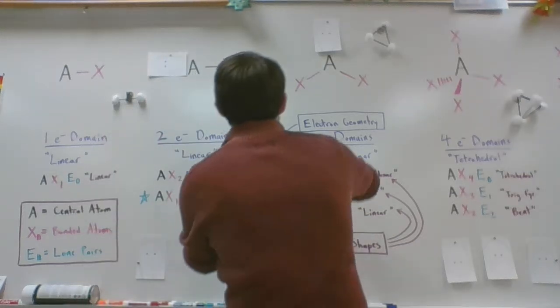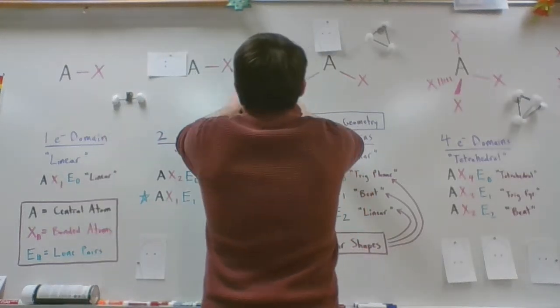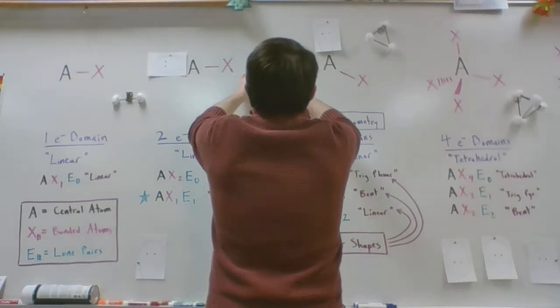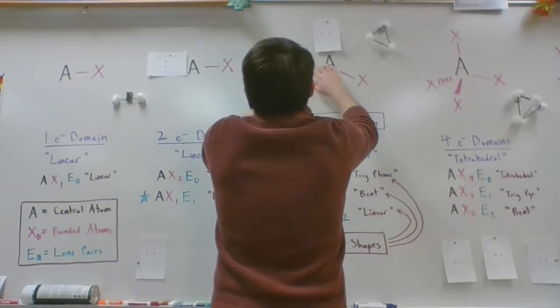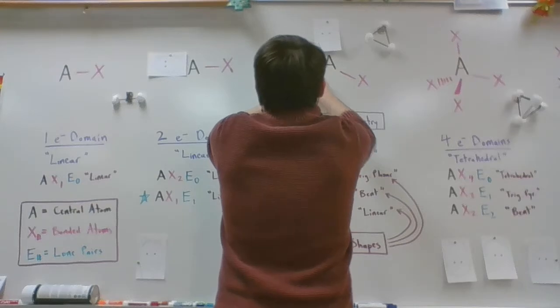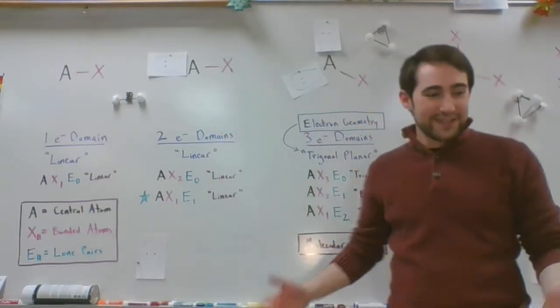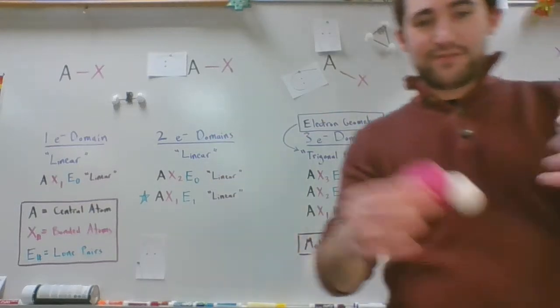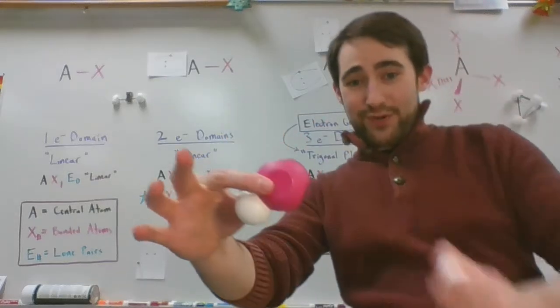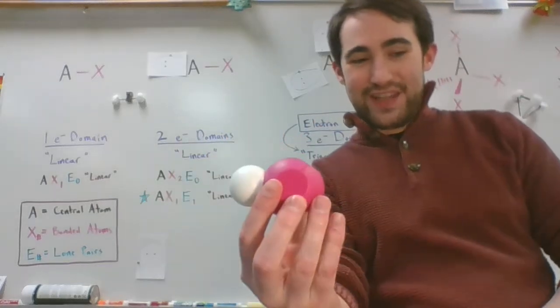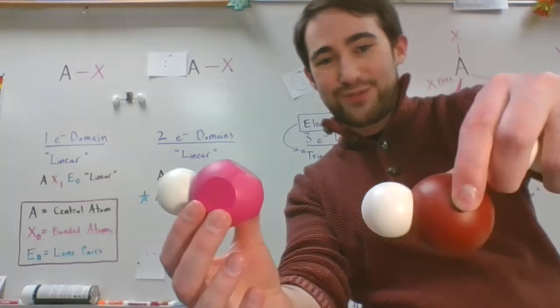Grab another one. Cover this right there. Okay. Well, now what's left is we have the bent. We took away another bonded atom. Now it's just linear, kind of like this first one that we started with.